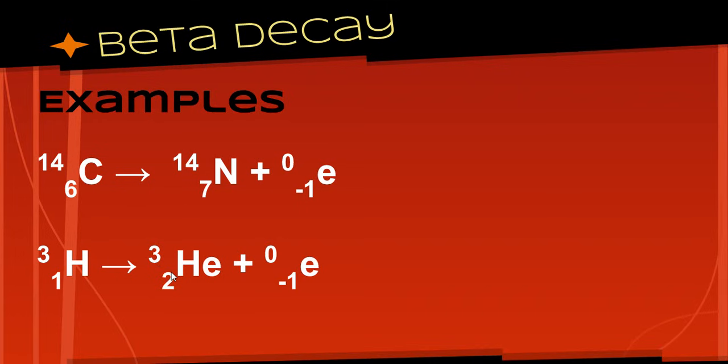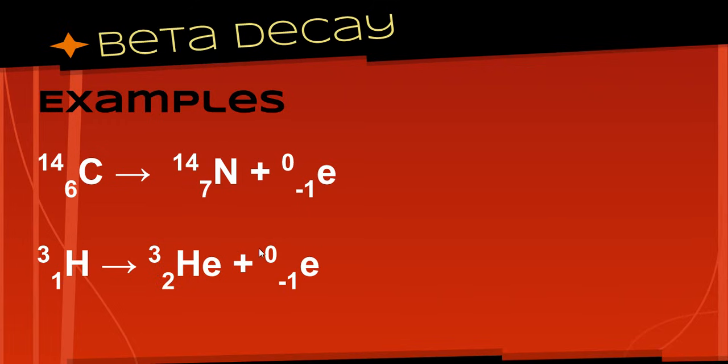So for this one, what happens, once again, we have 2 neutrons over here and 1 proton. So one of those neutrons turns into a proton. So we got 2 protons here, which makes it now helium. And the mass stays the same because now we have 1 plus 2 would equal 3, and 1 plus 2 over here also equals 3.